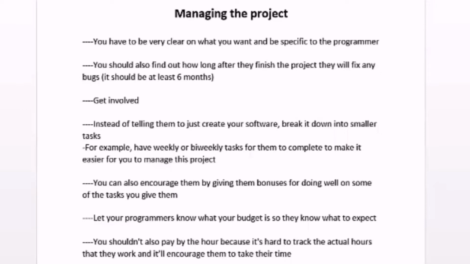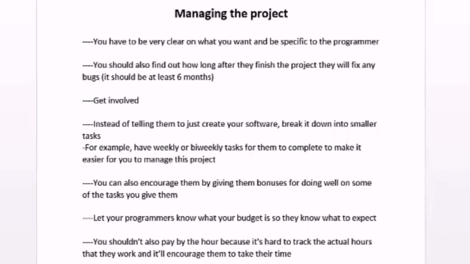For example, you can have weekly or bi-weekly tasks or goals for them to complete to make it easier for you to manage this project. You could also encourage your programmers or coders by giving them bonuses for doing well on some of the tasks you give them.